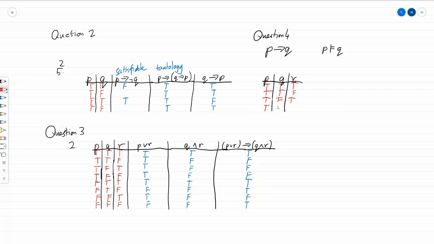There we go. True, false, false, false, true, true, false, true, false, false, false, true, false, false, false. There we go. All good.